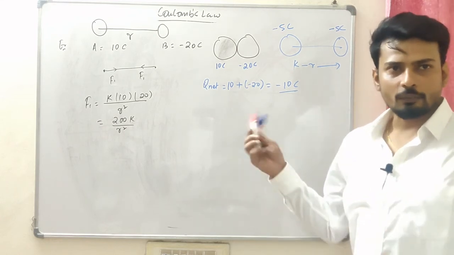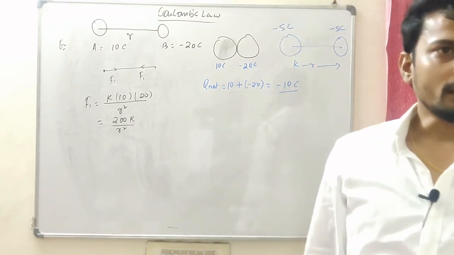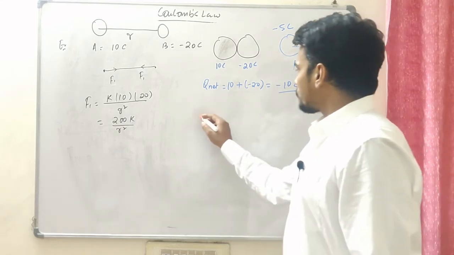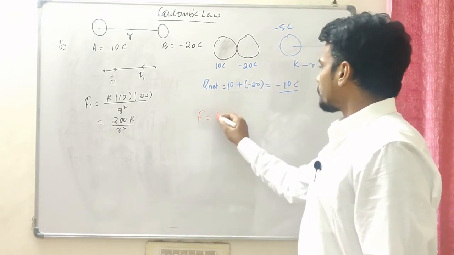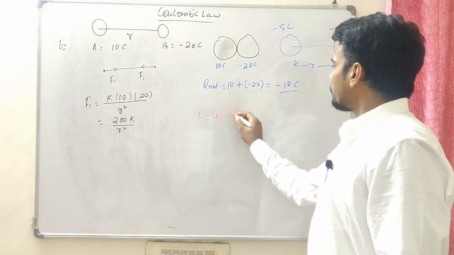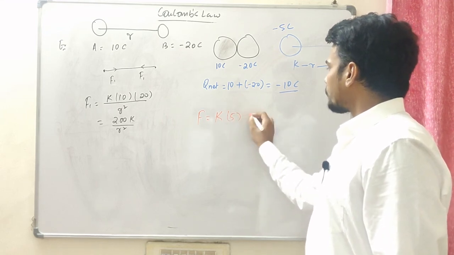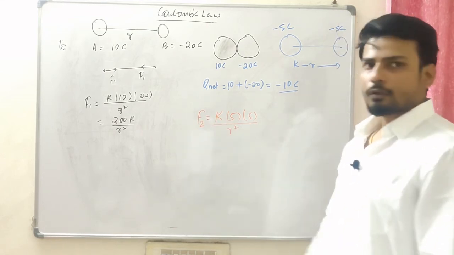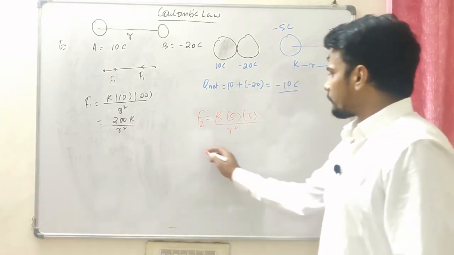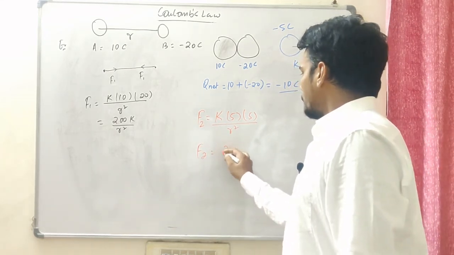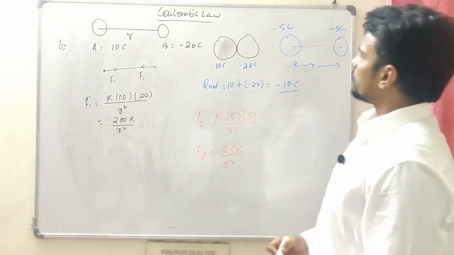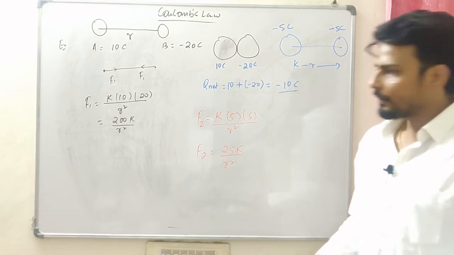So that's the basic thing that happens when we bring them together and separate them. Now, the force will be how much? Force will be K times 5 coulomb into 5 over distance R square. Let's say this is force 2 now. So force 2 should be 25 K over R square. My question was, what is the ratio of the forces between them?